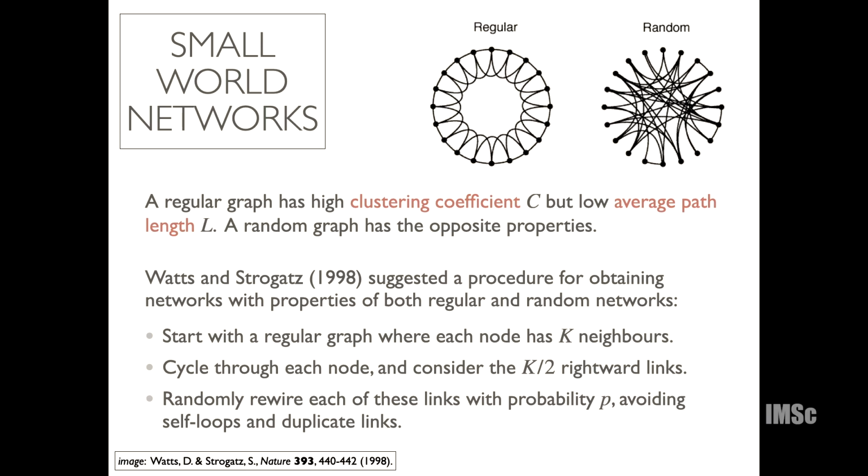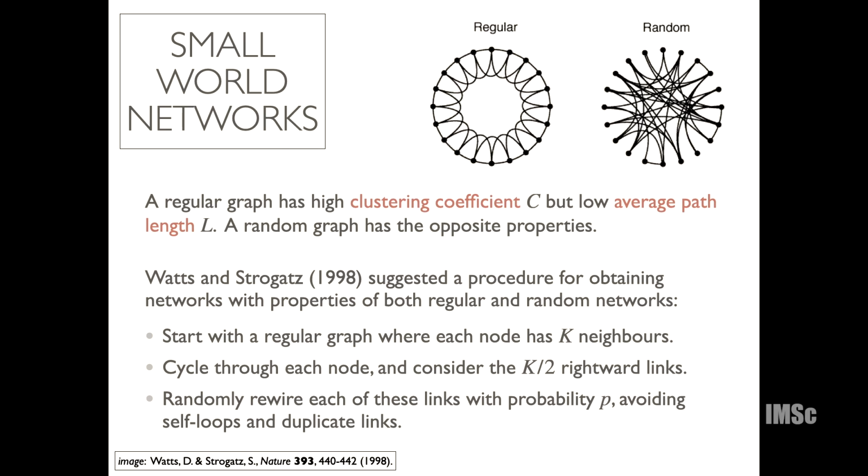So basically, random networks have a low average path length, and then a regular graph, where you have some neighbors, and their neighbors have some other neighbors, and your neighbors are likely to be connected amongst each other, right? And so on. So this has a high clustering coefficient, but it also has a very high average path length, because if I want to go from here to here, I may have to take a large number of hops, right? So it'll take a long time for me to reach two random points in a network compared to here. So I'm sorry about the typo. Basically, this has a high average path length.